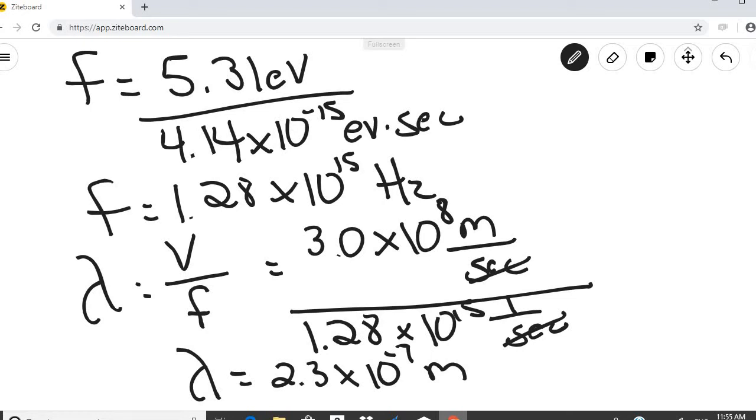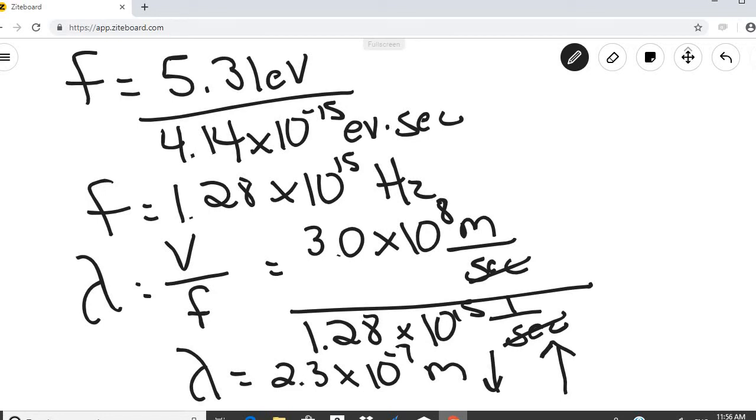And then the last question in this one says, if light of a wavelength lower than that wavelength were shown on the metal, would the electrons be liberated? Okay, so if this is the wavelength, if you decrease the wavelength, what is going to happen to frequency? Frequency is going to increase.